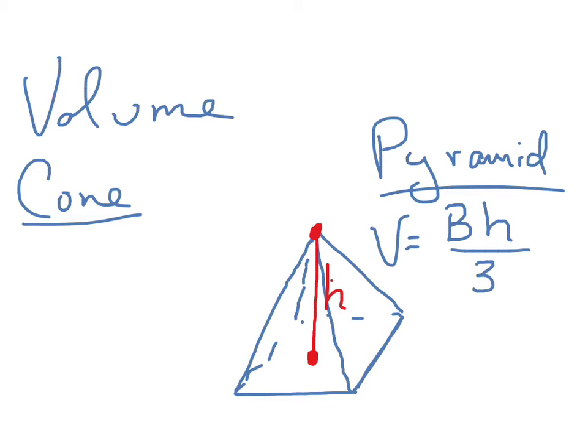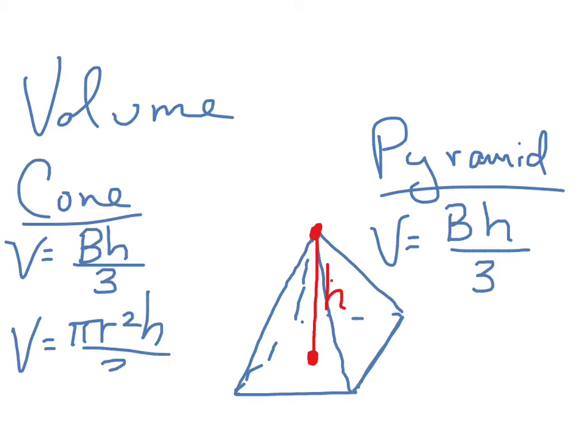Now with a cone, it's the same formula. The only difference is I want to make it a little bit more user-friendly. In a cone, we would still use, like I said, big B times H divided by 3. But what's so special about the base of a cone? What shape is the base of a cone? Circle. Right. So what's the circle formula? Pi r squared, times H, divided by 3.